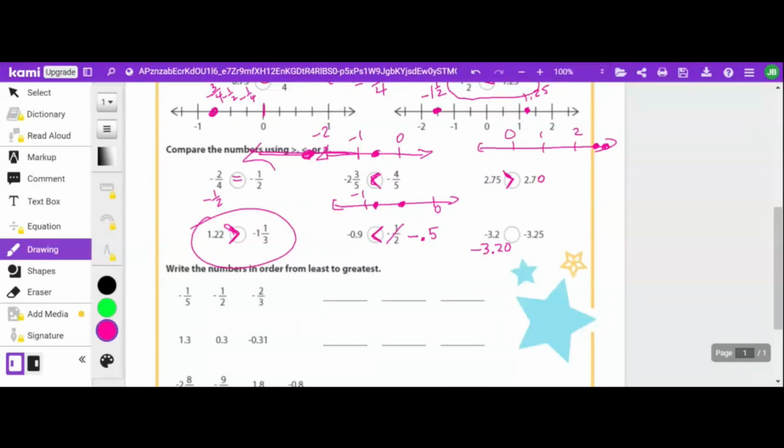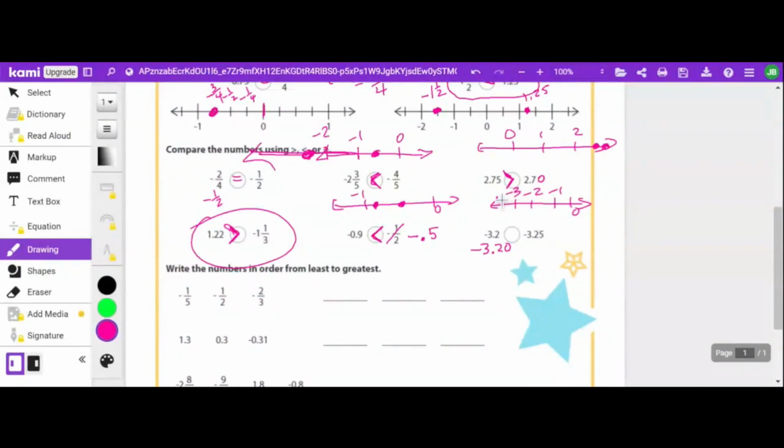We've got a 3.2 and a 3.25. So one of those is further left. Okay. Yes, that is correct. We have 0 here. Here's negative 1, negative 2, negative 3.